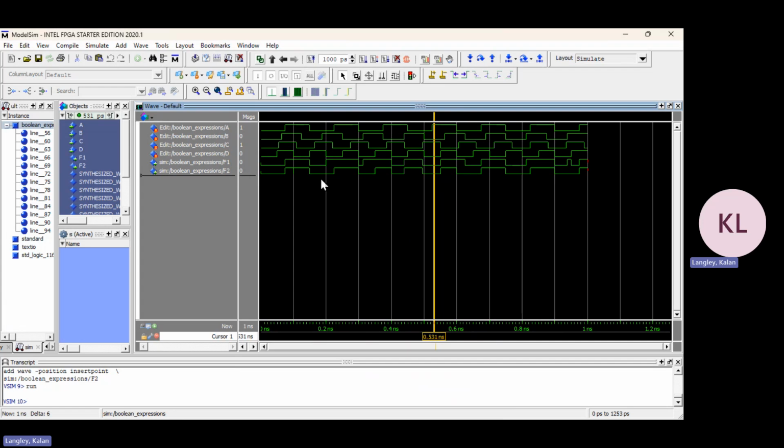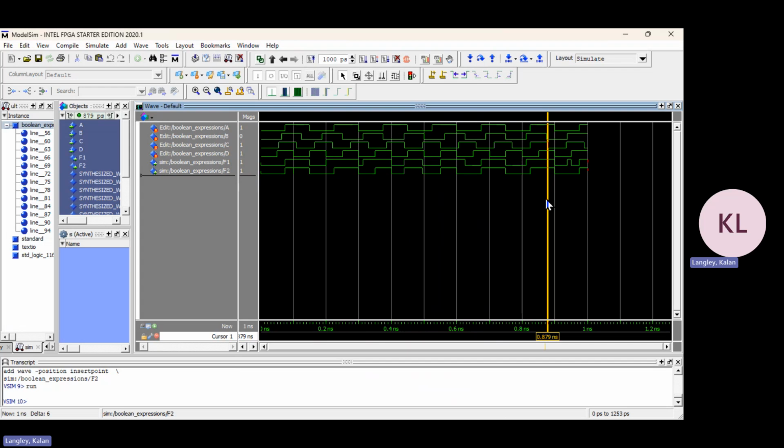And F1 and F2 are going to be 1s from here on out. So 1, 0, 1, 1 for A, B, C, D, and a 1 and a 1.